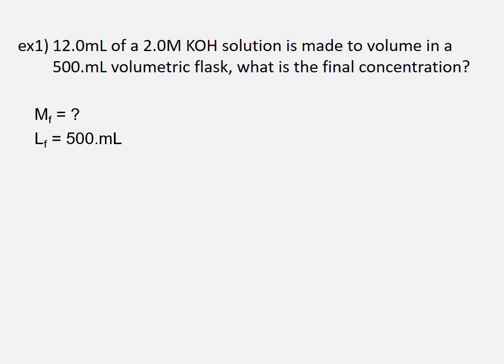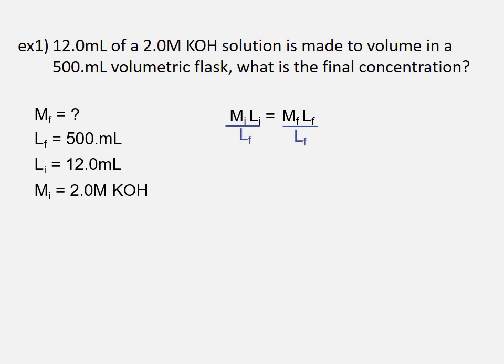Well, that means that 12 milliliters of a 2.0 molar KOH solution is going to have to be the initial. So liters initial is 12 milliliters, and concentration initial is 2.0 molar KOH. Our formula, MiLi equals MfLf. I want to find Mf, so I will have to divide both sides by Lf.